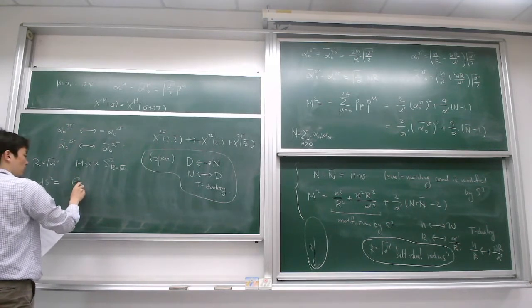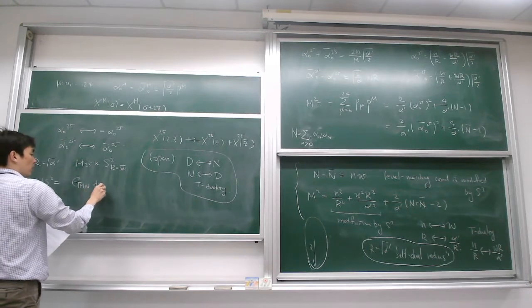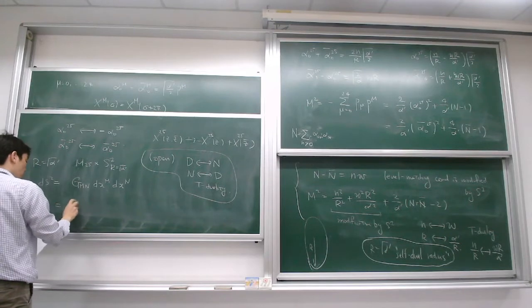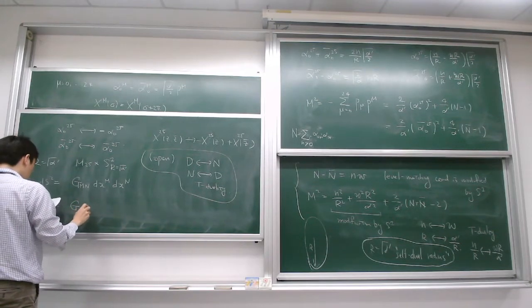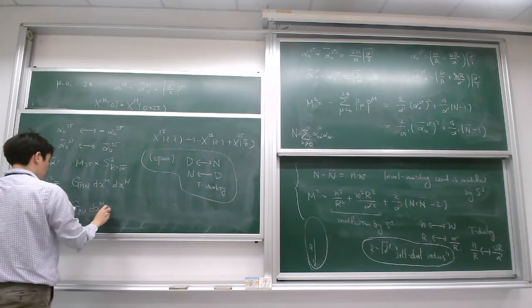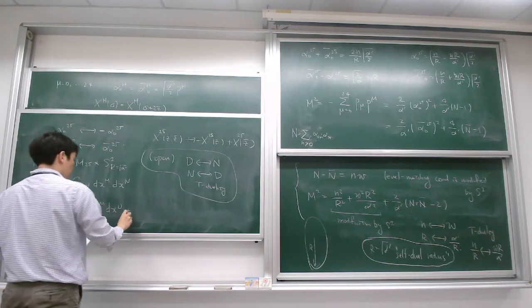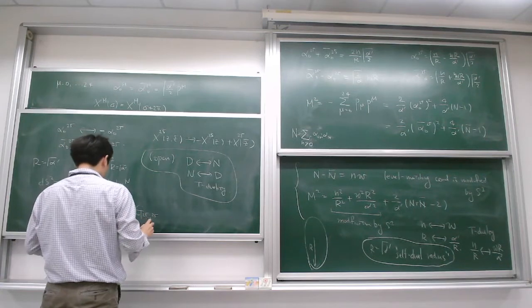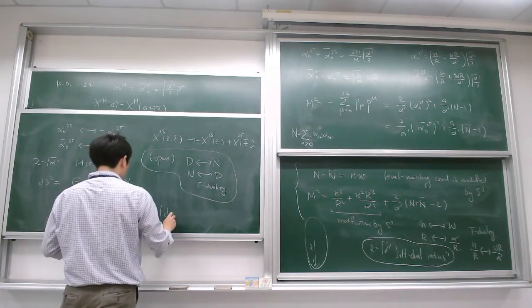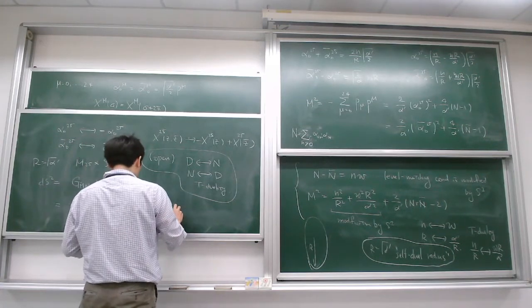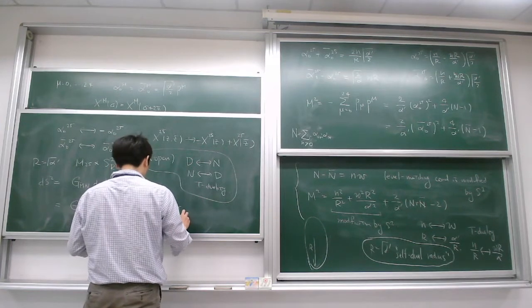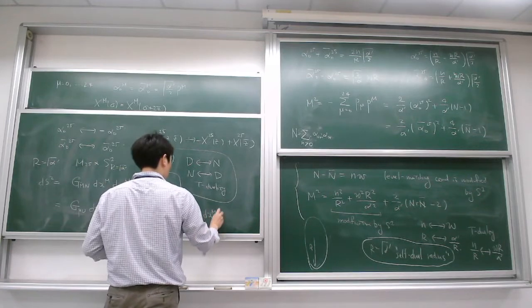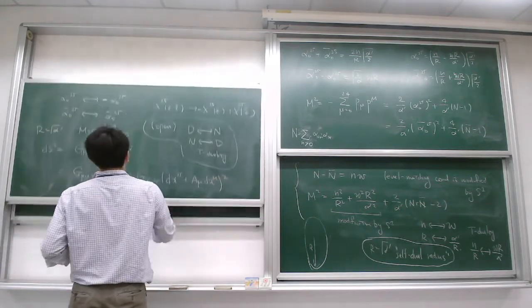So G_MN dx^M dx^N can be decomposed by Kaluza-Klein compactification into G_mu nu dx^mu dx^nu plus G_25,25 times (dx^25 plus A_mu dx^mu) squared. So this is the Kaluza-Klein compactification.